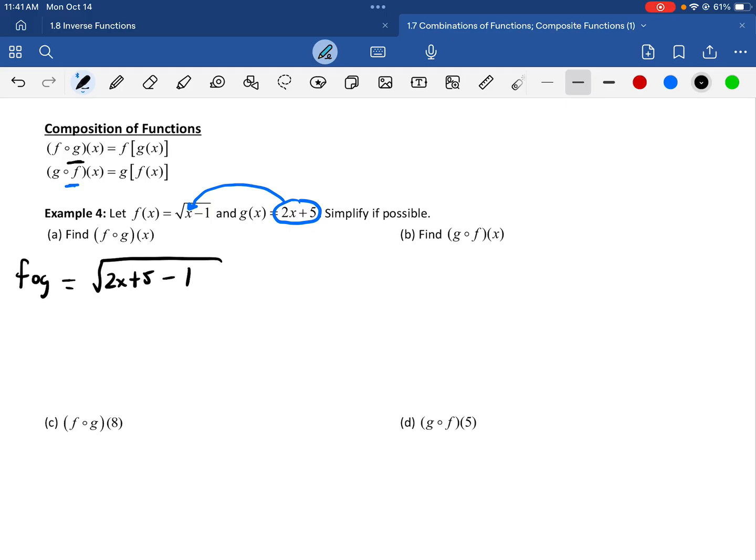So we literally put that 2x plus 5 in place of the x in function f. And we're going to simplify this down. All right, 2x doesn't have a like term, but 5 minus 1, we can combine those, and that gives us 4. And so there is our composition for f of g of x.